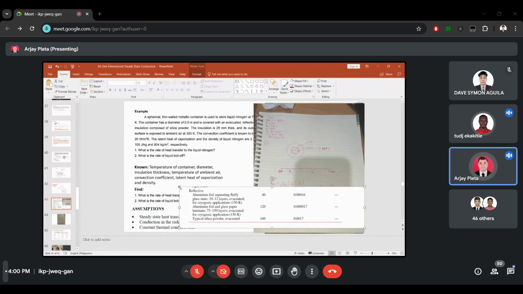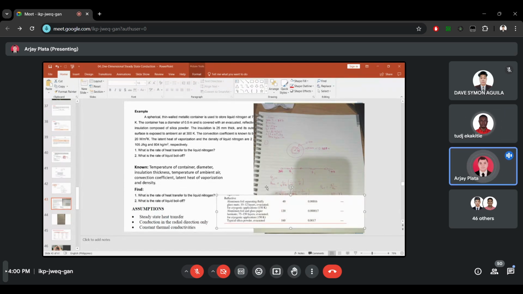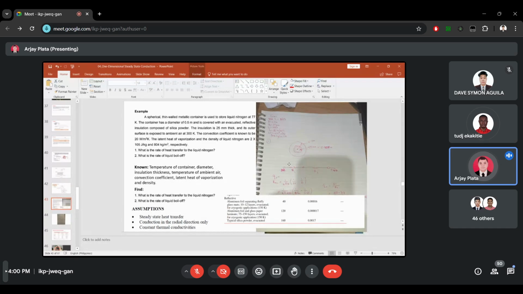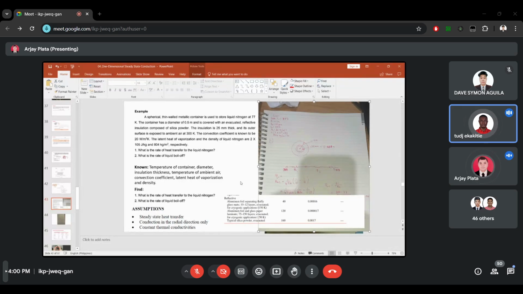But overall, your solution is correct. Your method is correct. We will just have to change the value of k. Instead of 300, it should be 0.0017 for silica powder. Okay, I'll recalculate.